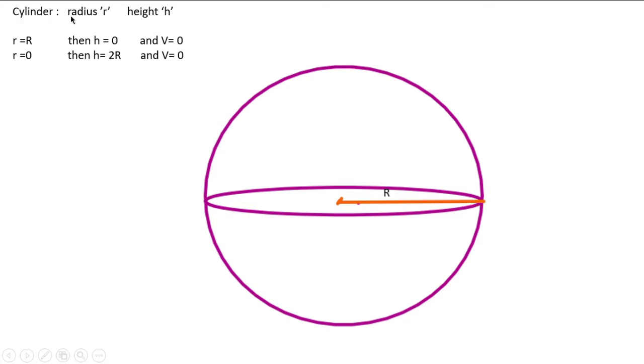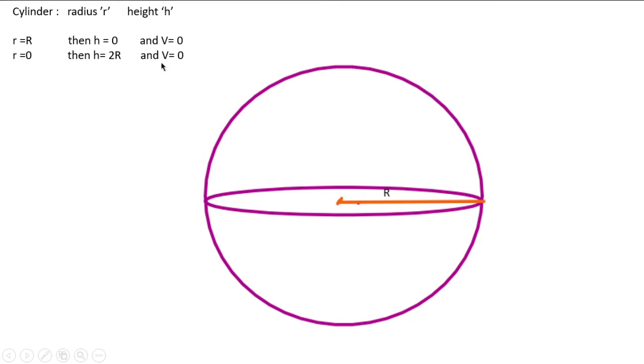If we denote the radius of a cylinder by small r and the height of the cylinder by small h, then when the radius of the cylinder equals the radius of the sphere, the height is going to be 0, as I discussed, and the volume is going to be 0. And if the radius is 0, then the height is twice R, that means the diameter, but the volume is again 0.